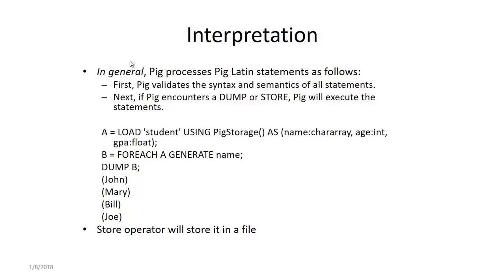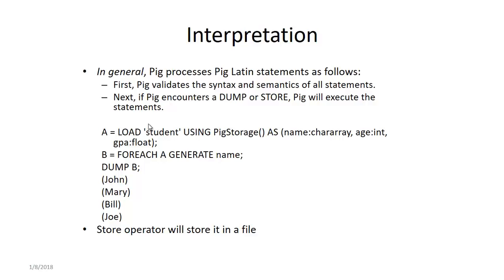We have only three values: name, age, and GPA. Suppose we don't provide the aliases here, that is, name chararray, age int, GPA float. Then this script will not give us an error. Instead, we need to get the columns with the help of an index.